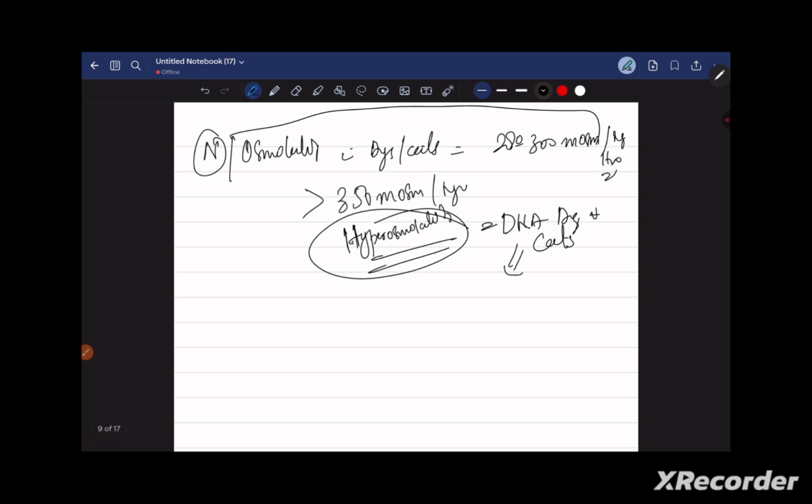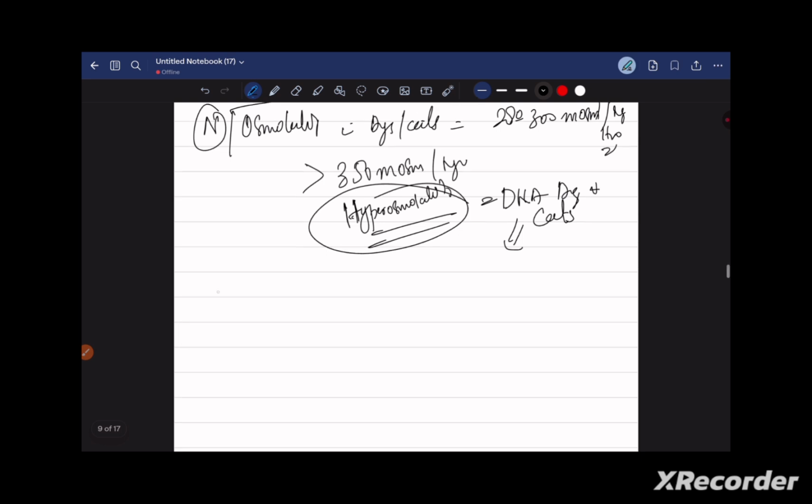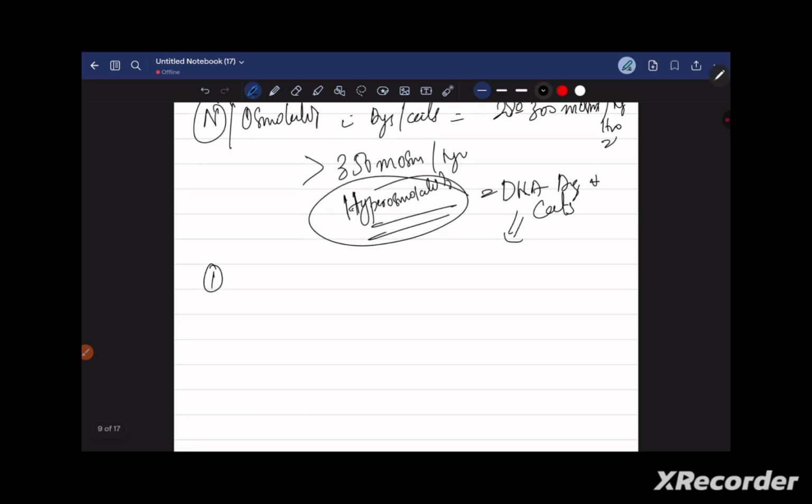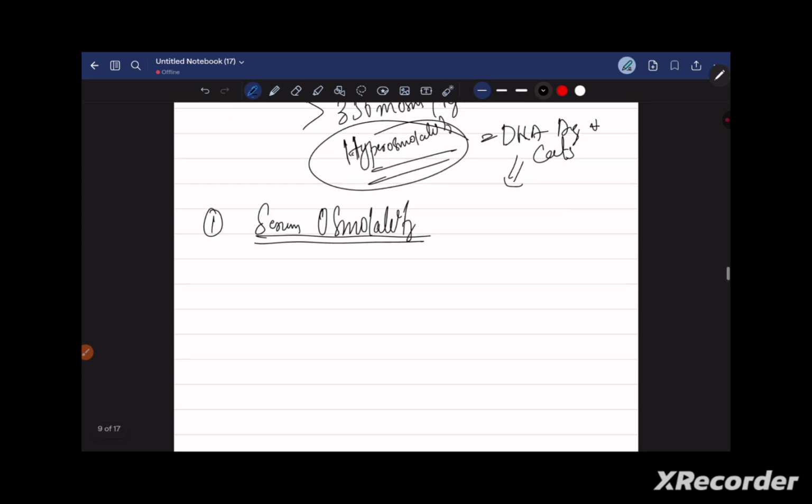I told you earlier that first you just remember one thing. The serum osmolality is because of two molecules. One is sodium, which is largely responsible. Okay, means sodium mainly determines the serum osmolality, and to a lesser extent glucose.